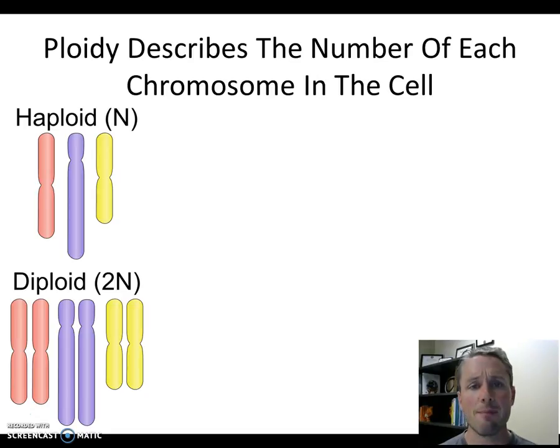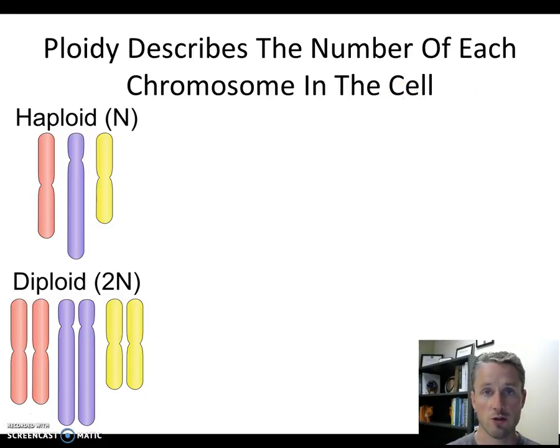So haploid and diploid, they both end in this word ploid, and that relates to this word ploidy. So in genetics and biology, we use this word ploidy to describe the number of each kind of chromosome inside the cell. So what does that mean, right?